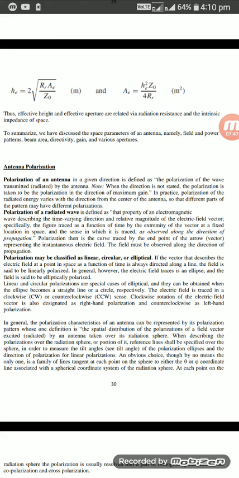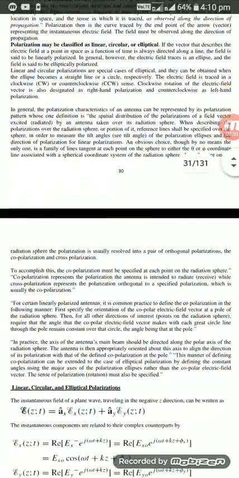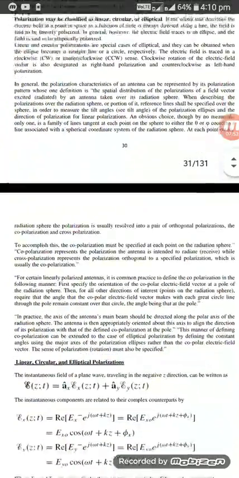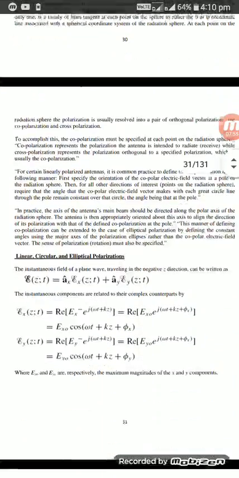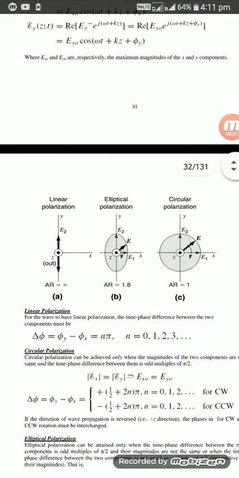Okay, that is the total concept of linear, circular and elliptical waves and how these types of figures look. See that linear polarization AR is equal to infinity, elliptical AR equal to 1.8 and circular AR equal to 1. These are linear polarization, elliptical polarization, circular polarization.